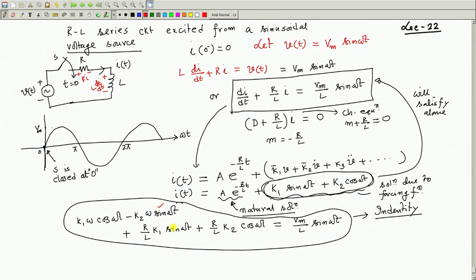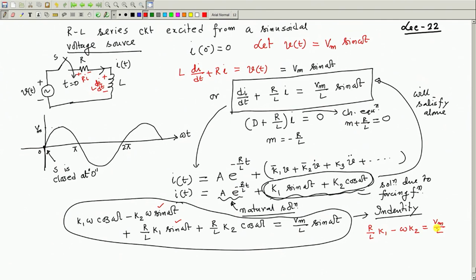Since it is an identity, I will write r by L into k 1 minus omega into k 2, and on the right hand side there is a sin omega t whose coefficient is V m by L, so it must be equal to V m by L. This is one equation.